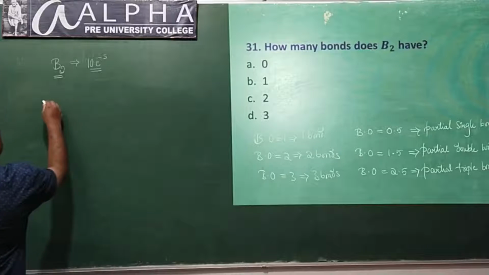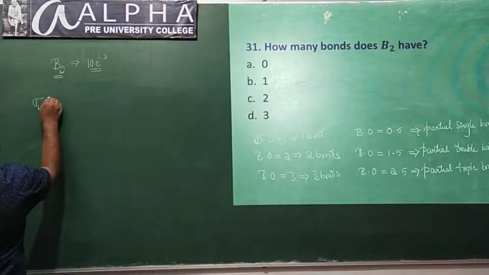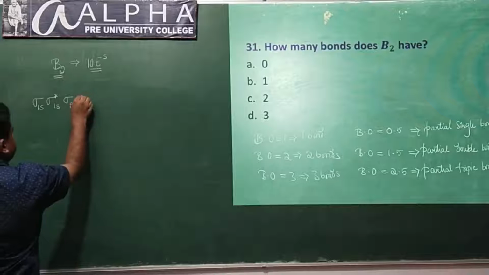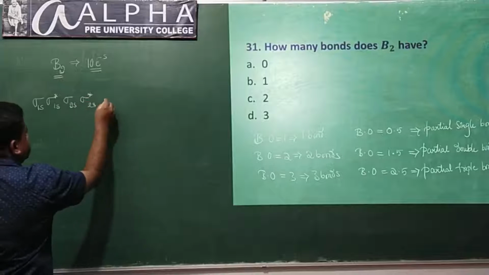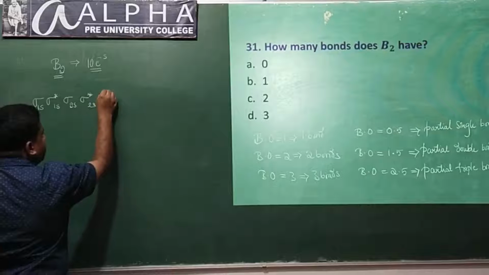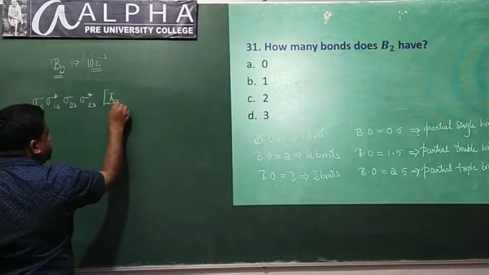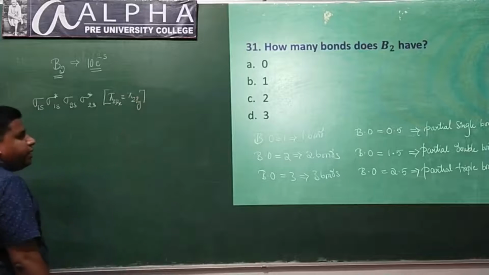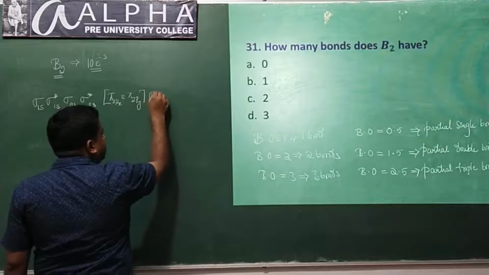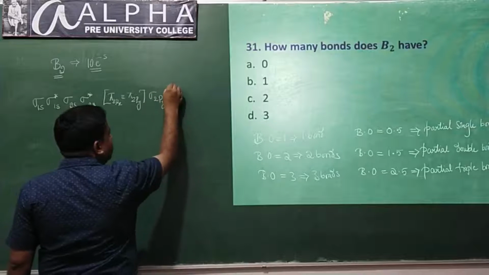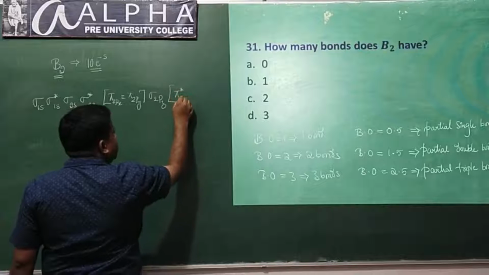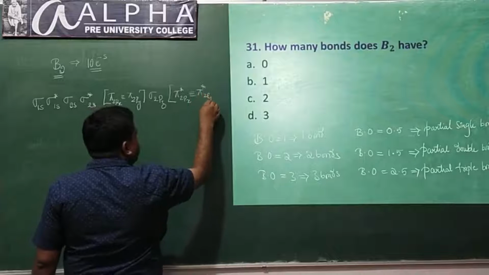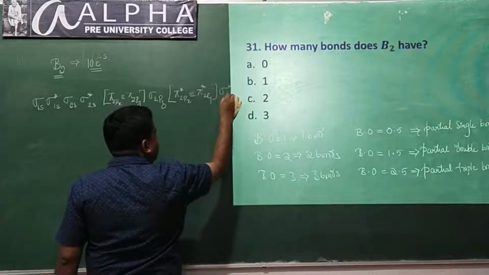We will be using this electronic configuration: sigma 1s, sigma star 1s, sigma 2s, sigma star 2s, then pi 2px, which has the same energy as pi 2py, and then sigma 2pz, then pi star 2px equal to pi star 2py, and then sigma star 2pz.